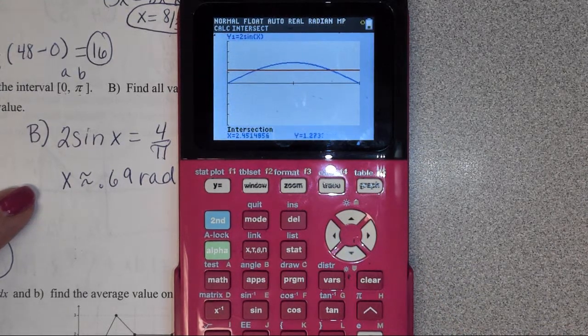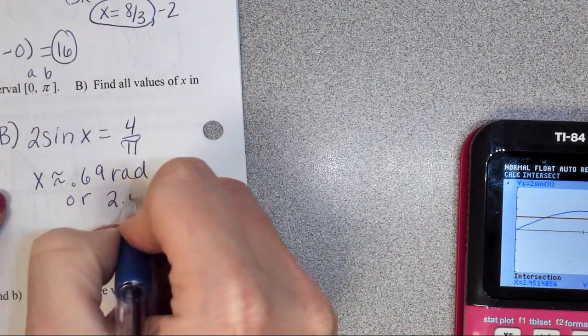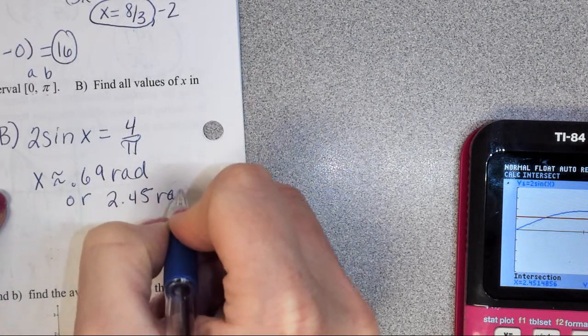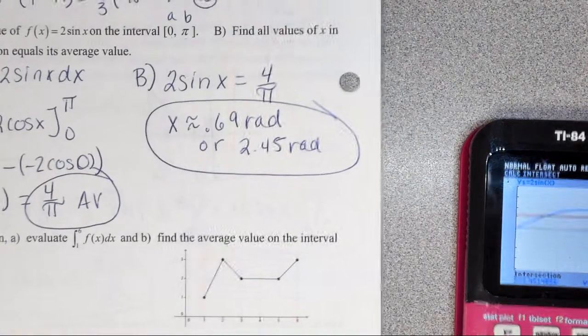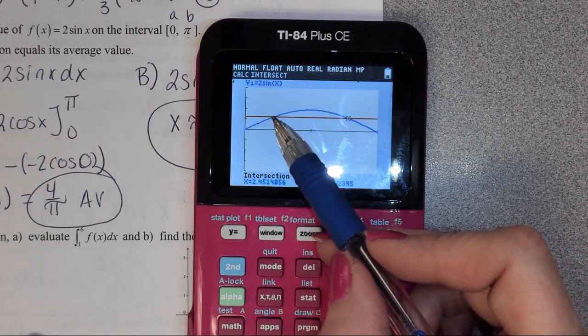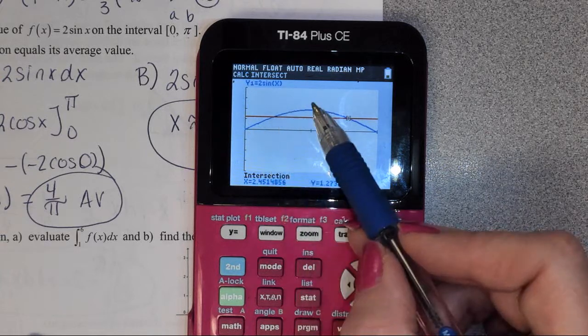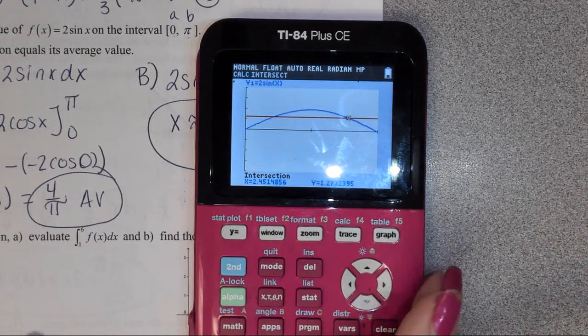Enter, enter, enter. And this one is 2.45 radians. So both of those x's are going to be the ones that are equal to the average value. See how it kind of makes sense? Like that point right there, that's the average height of all those heights that we have.